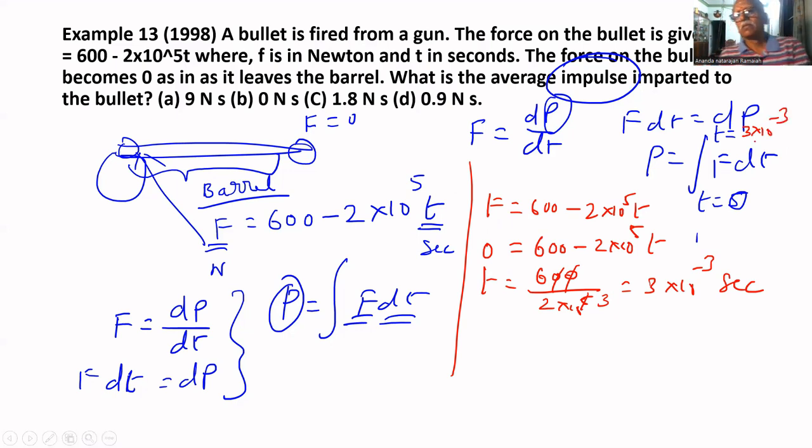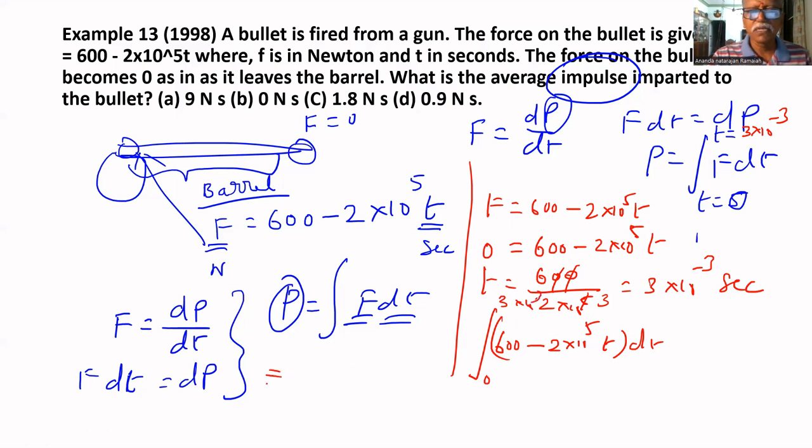Now we have to integrate F. F is 600 minus 2 into 10 power 5 t, dt, integrated from 0 to 3 into 10 power minus 3. If you integrate 600, you will get 600t, minus 2 into 10 power 5 times t square divided by 2. The limit is from 0 to 3 into 10 power minus 3.